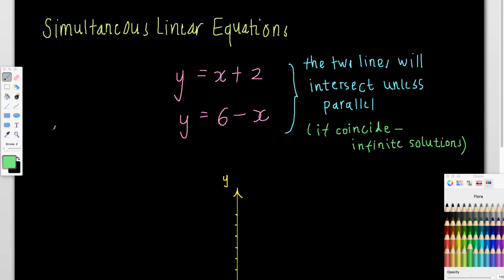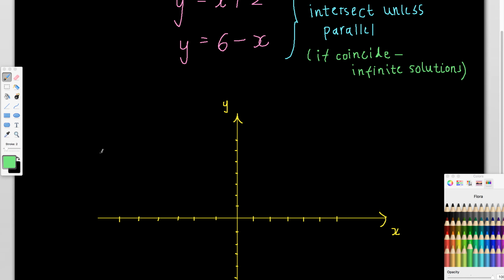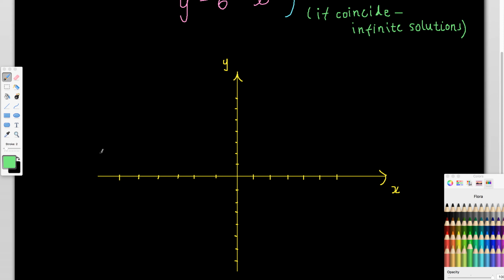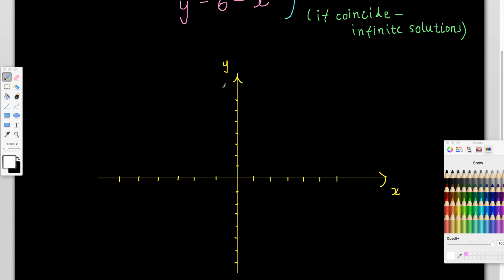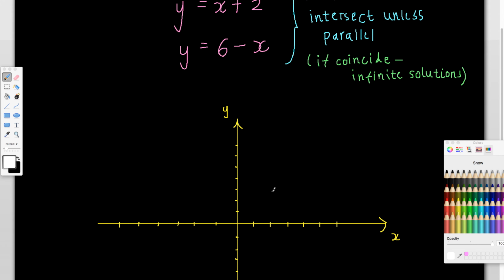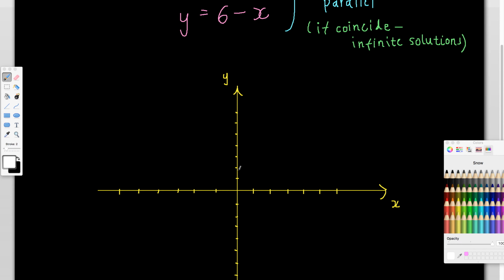All right, so nice and straightforward to begin with. We've got two lines here, and when I say we're solving them simultaneously, we're looking for where they meet. So with this example, I wanted to show you what happens if we graph these. The first one, y equals x plus 2, passes through y equals 2, that's the y-intercept.